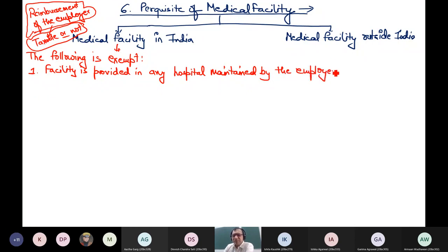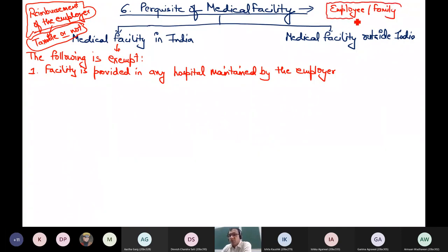then whatever medical expenditure has been incurred on the treatment of the employee and family. Now, if you remember, I'm using a different word now. I'm not using the word member of household. I'm using the word employee himself or family. So the meaning of family will change now. This medical exemption is for employee and family, not for member of household.